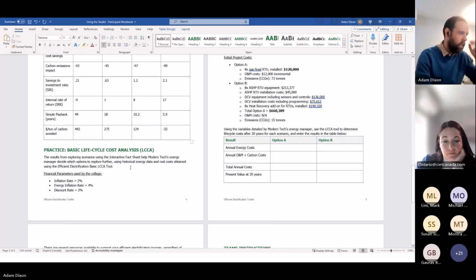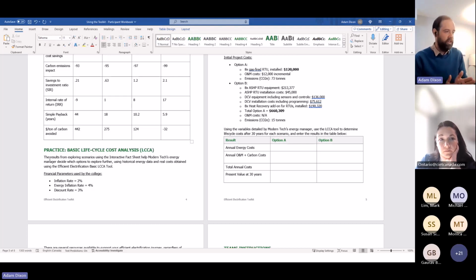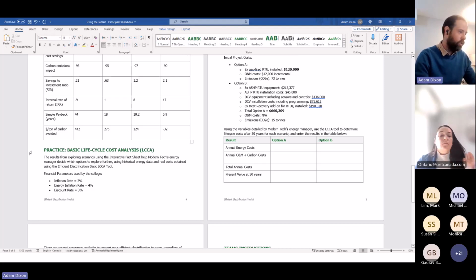The results from exploring the scenarios in the interactive fact sheet help Modern Tech's energy manager decide which options to explore further. Now, using historical energy data and real costs obtained using the efficient electrification tool, we make the same decision. Here we have some financial parameters that we can actually set, rather than using what that interactive fact sheet has used.